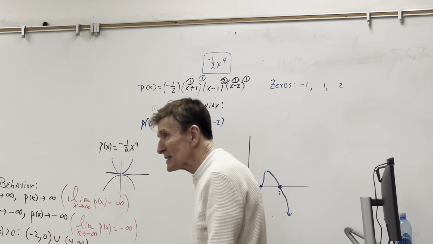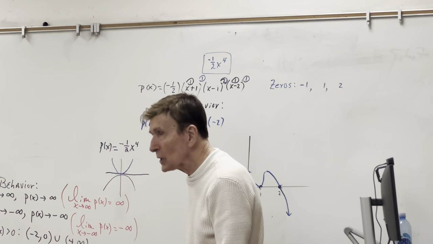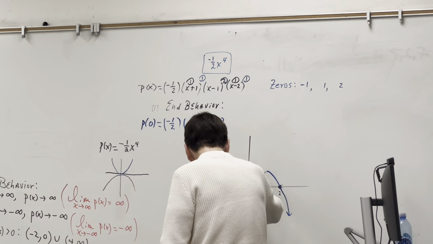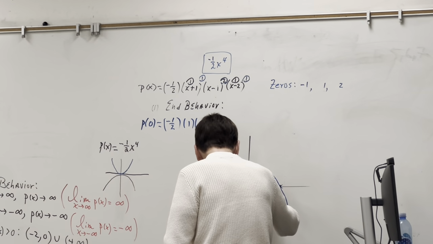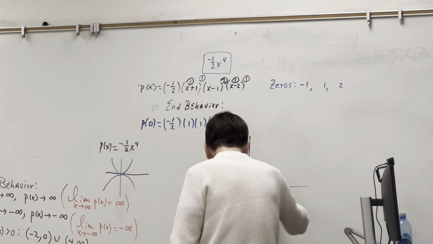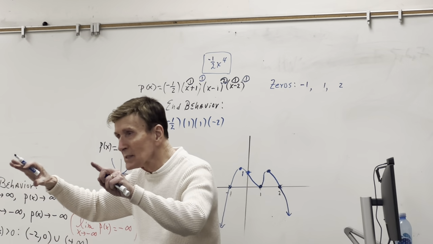How many turning points did I have in this case? No, I didn't have 4. I have 1 here, a local max somewhere in there. I've got 1 here, that's a local min. And I have 1 here, another local max. 1, 2, 3, do I have 3 of those extreme points?